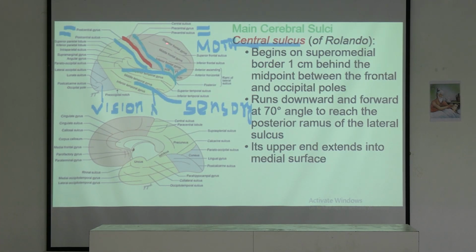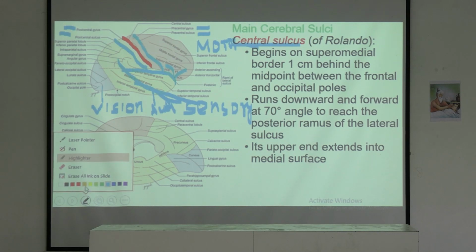So, frontal lobe is for motor activity, parietal lobe is for general sensory activity, occipital lobe is for vision, and this is the temporal lobe which is concerned with audition.